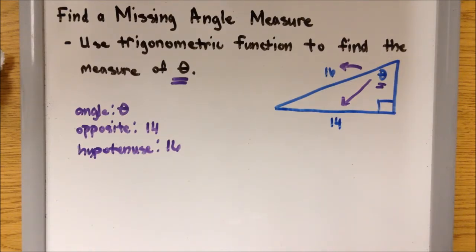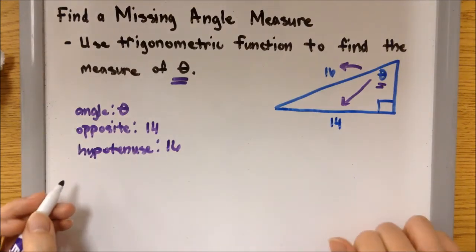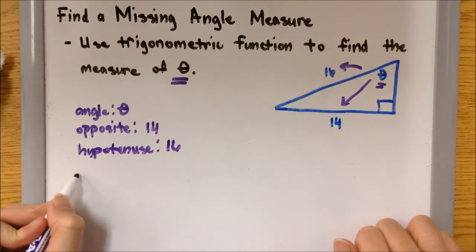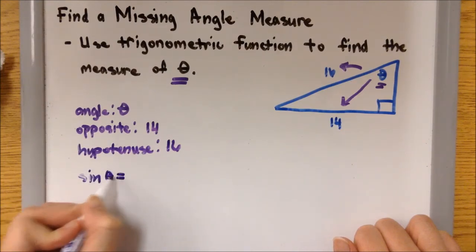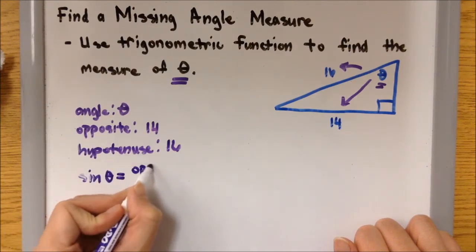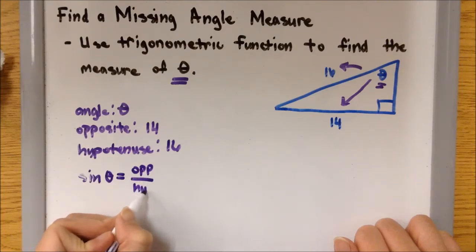So if we're using that information, then the only function we could use is inverse of sine, because sine uses opposite and hypotenuse, or inverse of cosecant, because that's also using hypotenuse and opposite. But let's say we use sine. So if we remember, sine theta is opposite over hypotenuse.